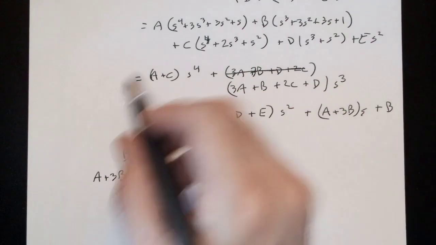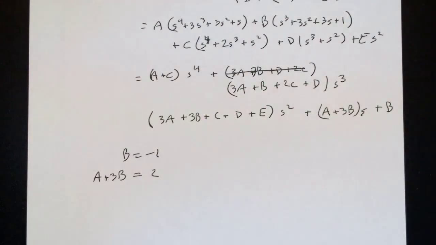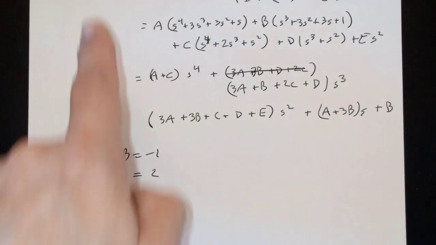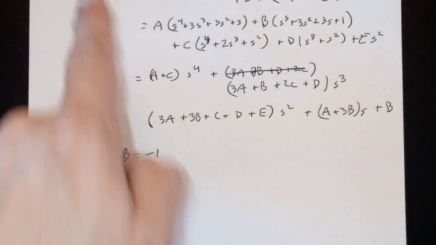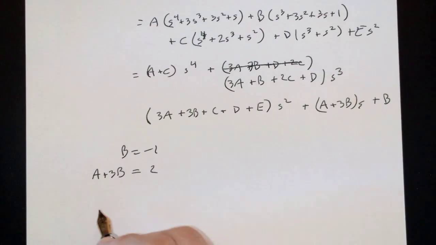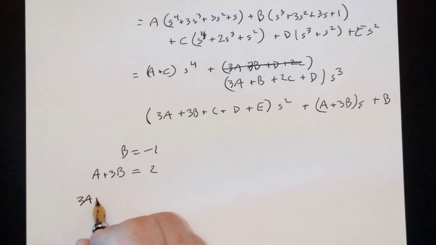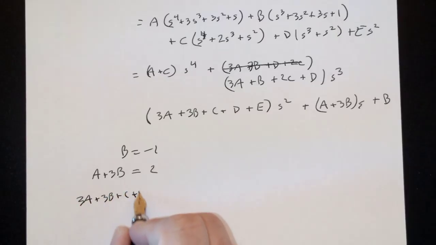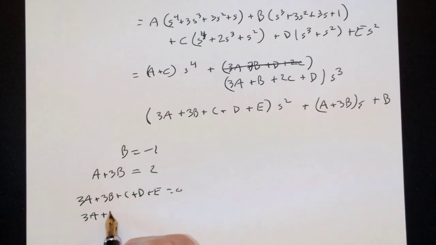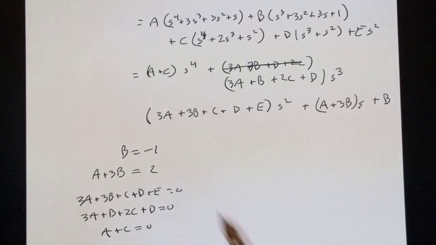And then for the rest of these, they all have to be equal to 0, because there's no s to the fourth, no s cubed, and no s squared on the other side. So 3A plus 3B plus C plus D plus E is 0. 3A plus B plus 2C plus D is 0. And A plus C is 0. But this one's already done, right? That was easy. And I can use that to get A.